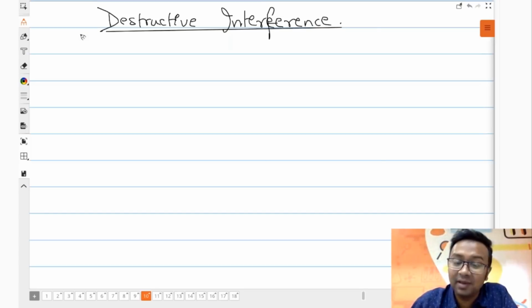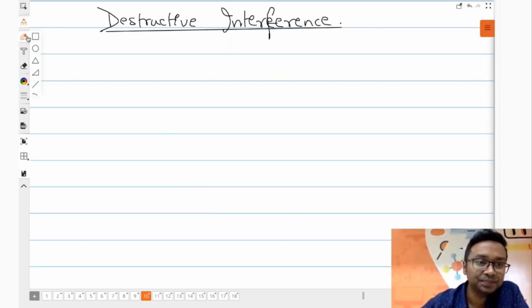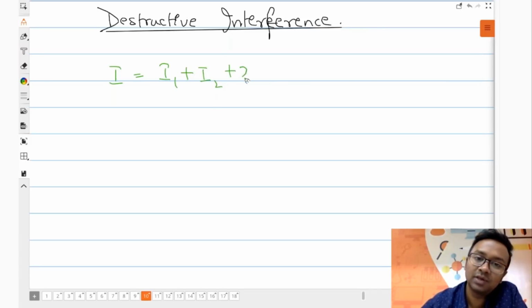So let's go ahead with this idea that during destructive interference, I is again equal to I1 plus I2 plus 2 root I1 I2 cos of phi.